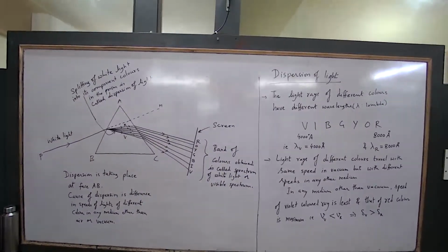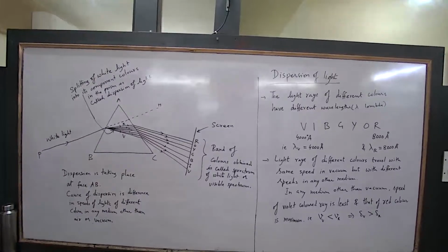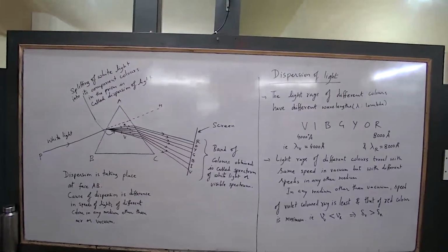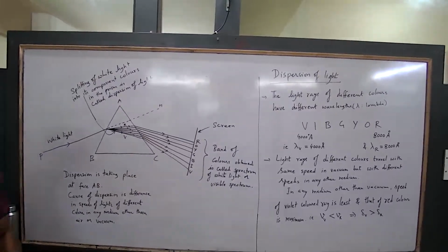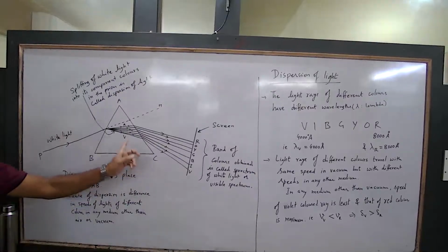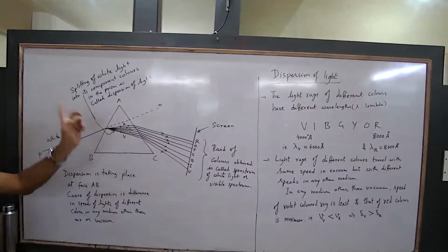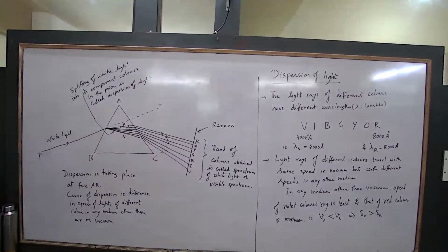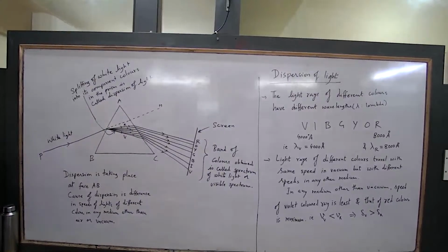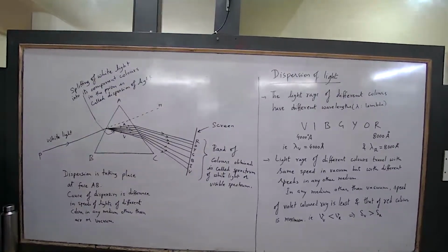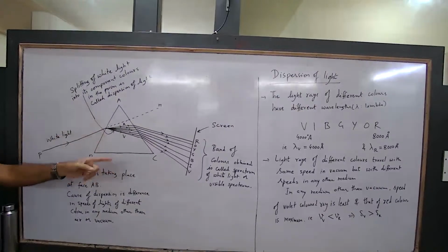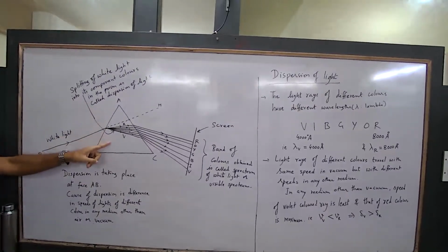Okay, there's one more topic. What is happening on phase AC? You didn't answer that. Dispersion is happening at AB.